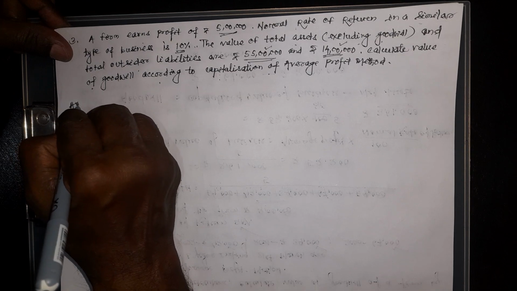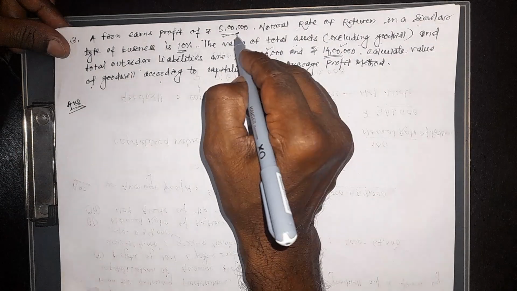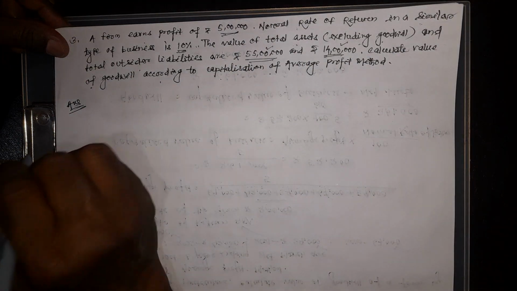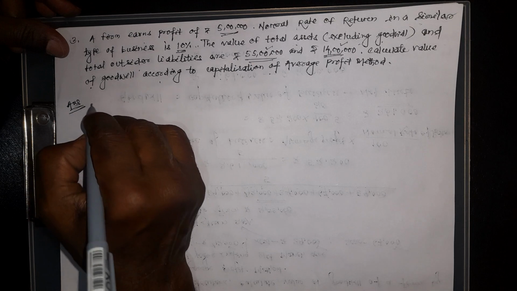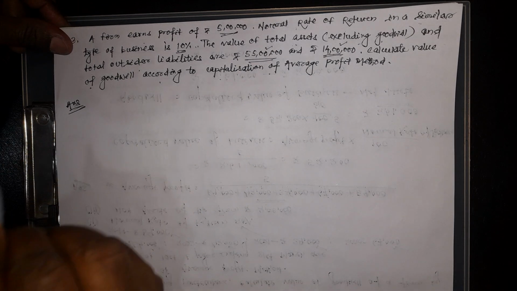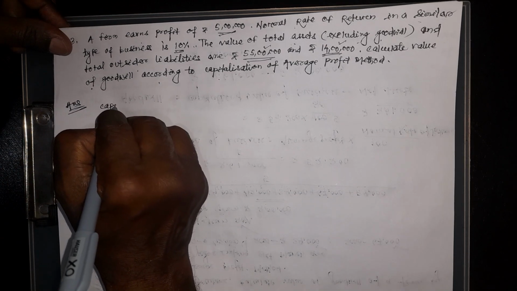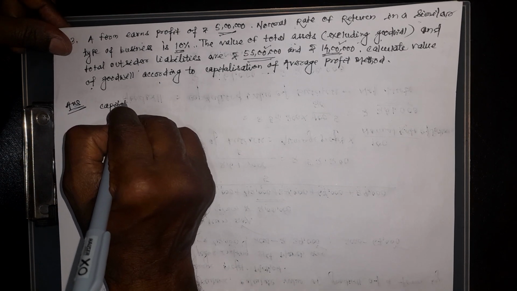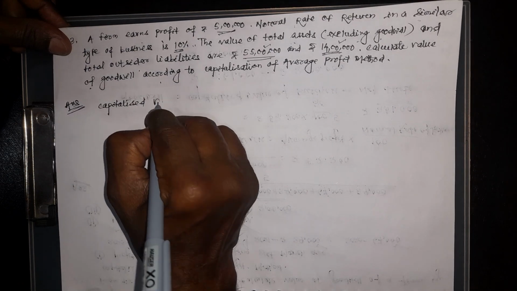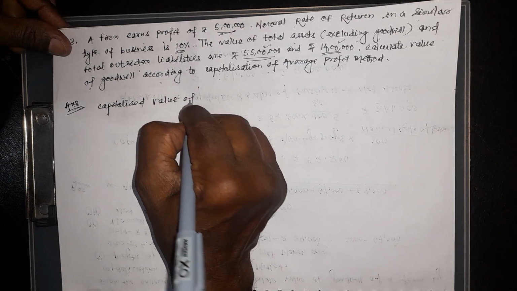So the first step is to calculate the average profit, but here it is given, so no need to calculate it. Whenever we get the average profit, the second step is to find out the capitalized value of business. First in this question we will calculate the capitalized value of business.